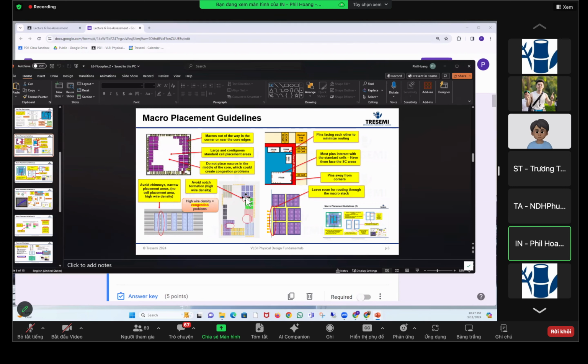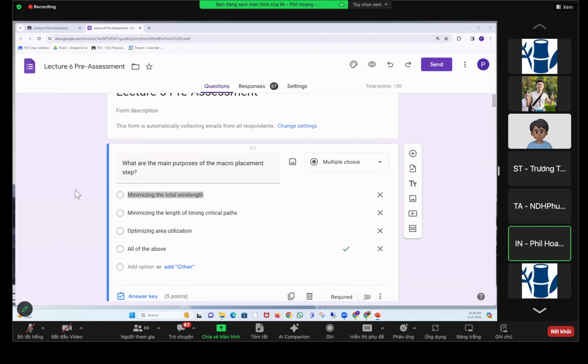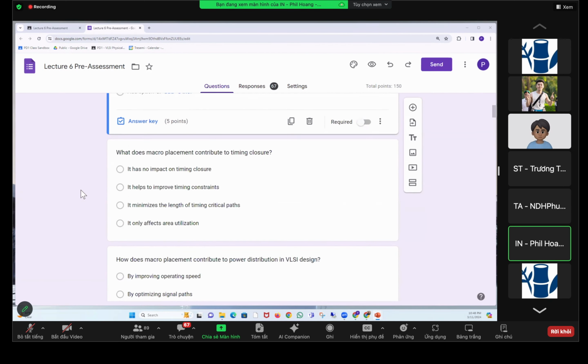You can still route and place, but the efficiency is not as good as this wide, big standard cell area. That's optimizing area utilization. So yes, it's all of the above.